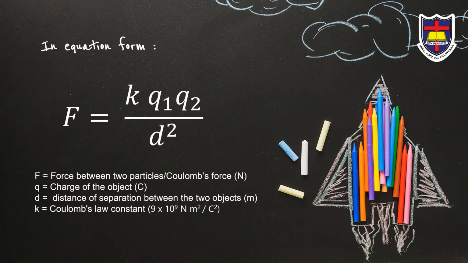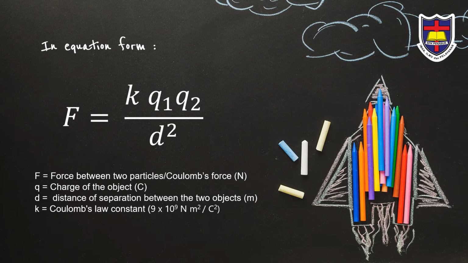So F in here is the force between two particles, or we can call it Coulomb's force or electrostatic force, and the unit is Newton. And Q in here is the charge of the object. The unit is Coulomb. So Q1 is the first charge of the object and Q2 is the second charge of the object. d in here is the distance of separation between two objects.